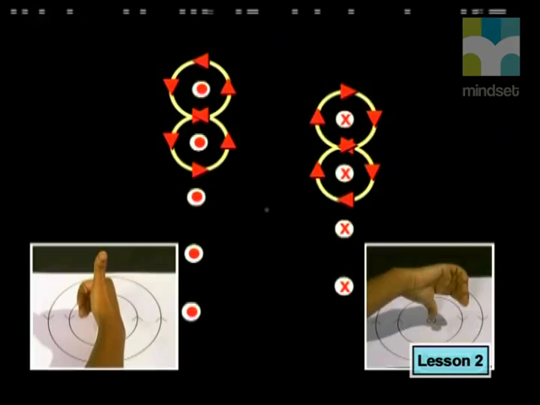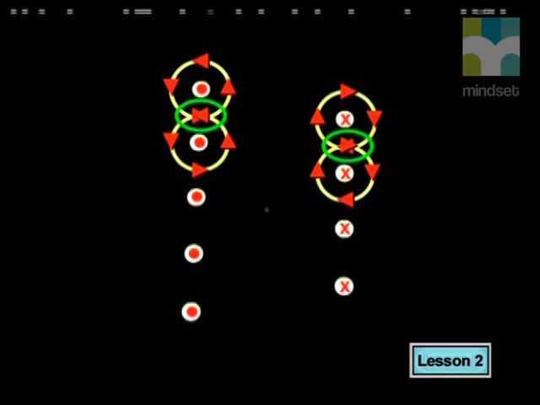Now if you look at two conductors in the other row where the current passes downwards, you will again see that the magnetic field lines are in the same direction, clockwise here. However, notice that in both rows between the conductors, the magnetic field lines oppose each other and cancel out.